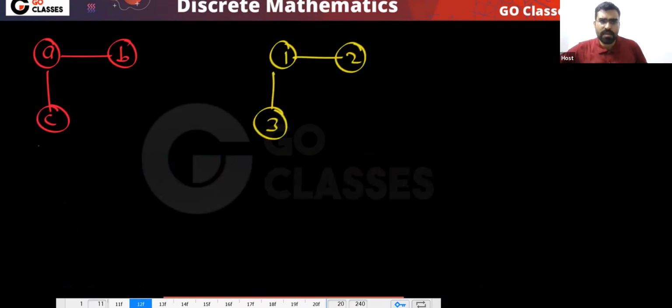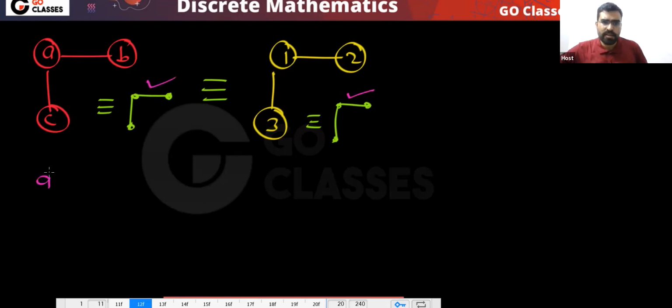Can you notice? These graphs are actually the same if you notice their abstract view.